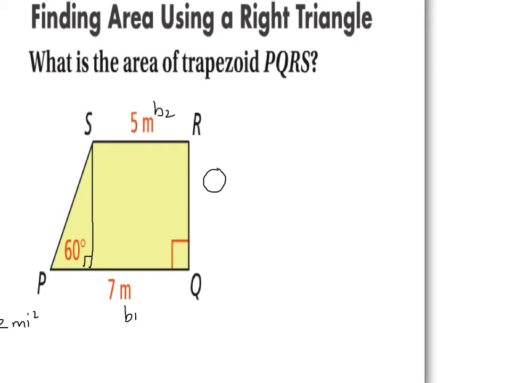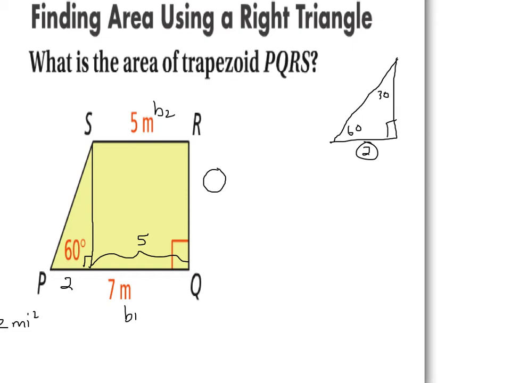But they do give us that we have a 30, 60, 90 triangle, because this is 60 and that's 30. In this case, this side right here is 5, and if that's 5, then this bottom part is 2. So this side length right here is 2.